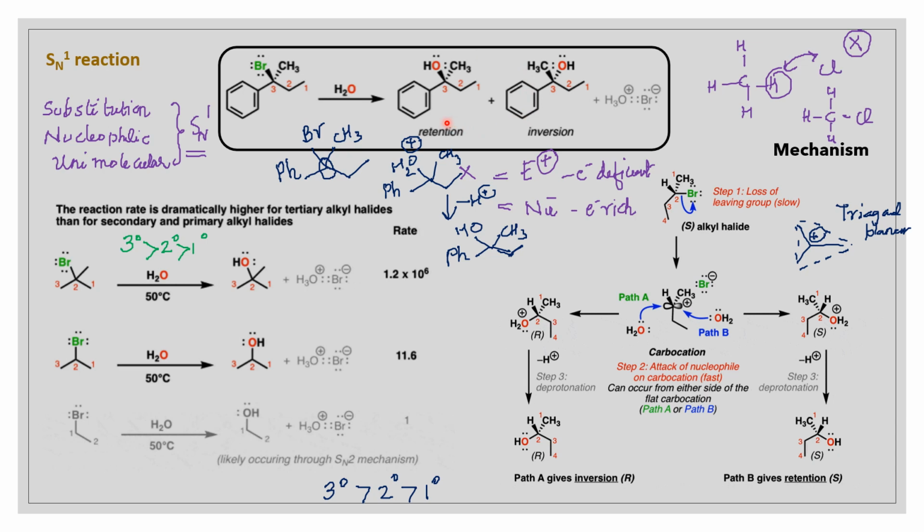We'll be getting a mixture of both products, with retention of configuration and inversion of configuration, so you can say that the product will most often be a racemic mixture. Racemic mixture means equal proportion of R and S. Okay, so that's all about SN1 reaction.